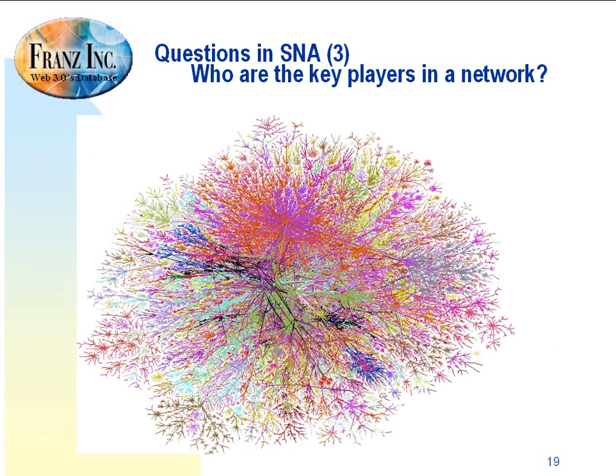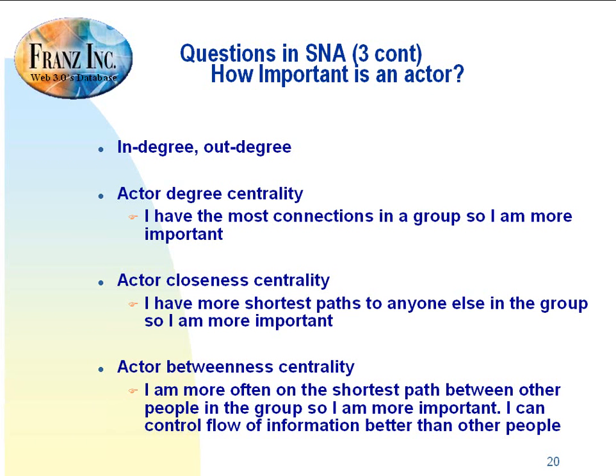Then okay, you have a group, and now you would like to know, what are the key players in my particular network? There are several statistics that we provide. One would be, say you have a group of people and you know the connections between them, then one statistic for how important you are is if you have the most connections in the group.